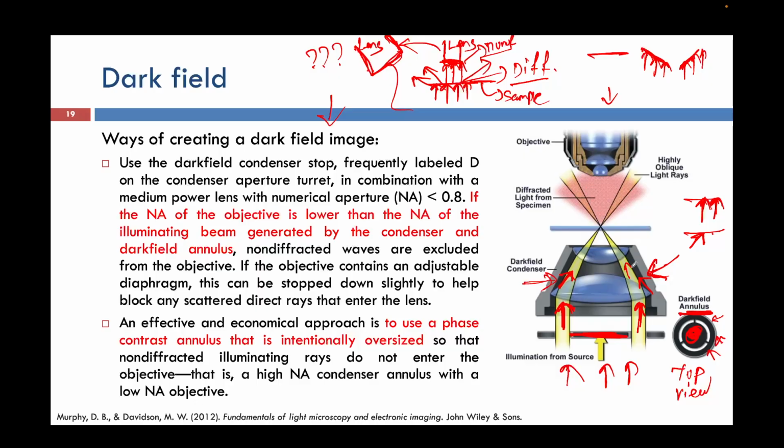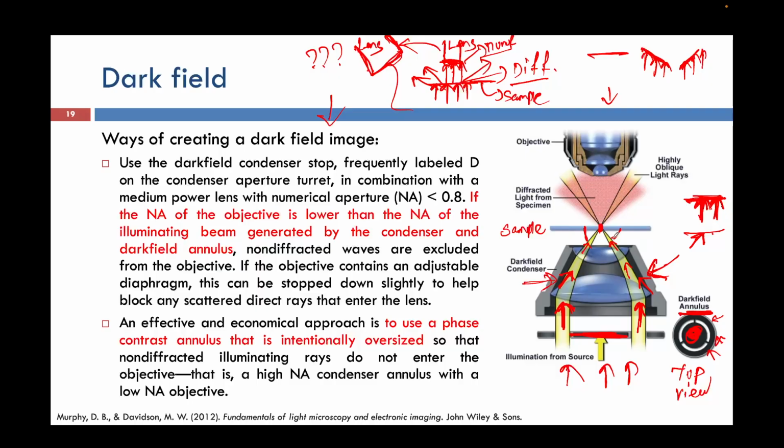Again there is another condenser diaphragm I have kept, and that also focuses them onto a single point of my sample. Now you see, instead of impinging my incident beam on my sample at a perpendicular angle, I am creating some kind of angle.